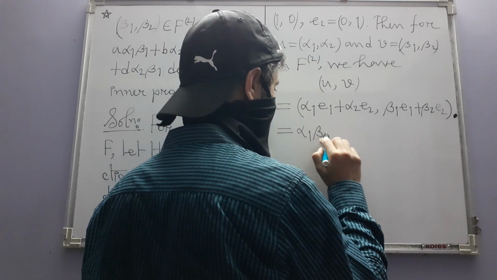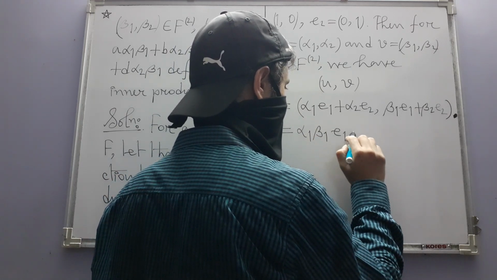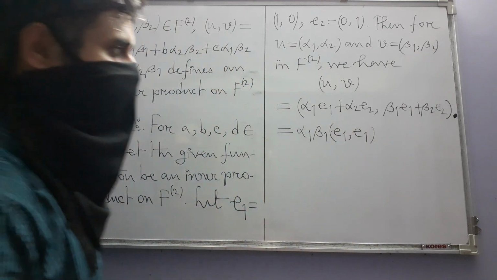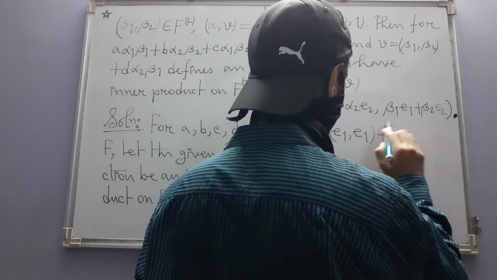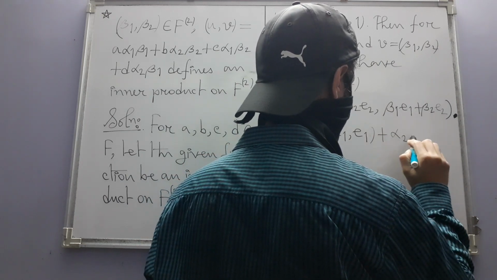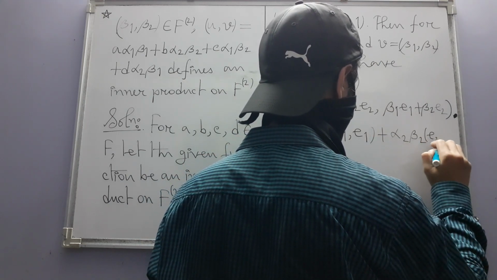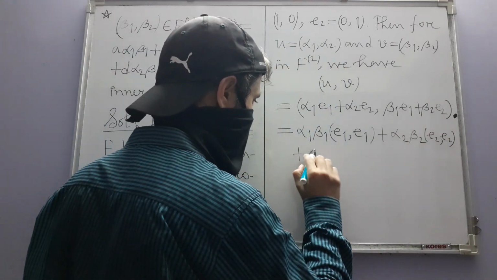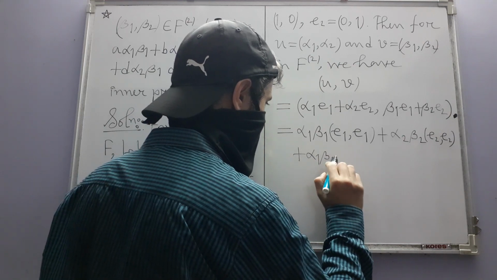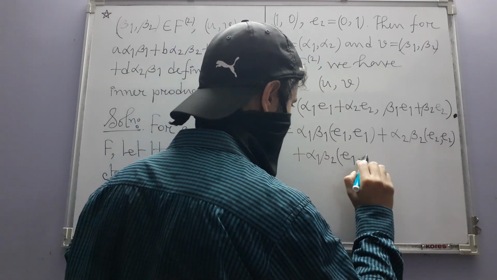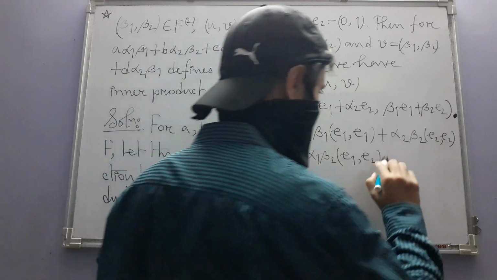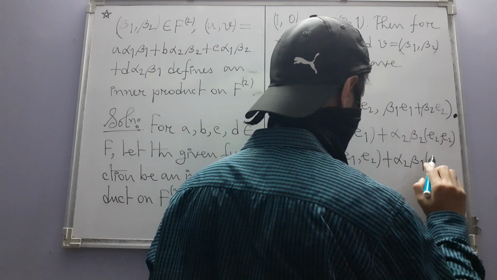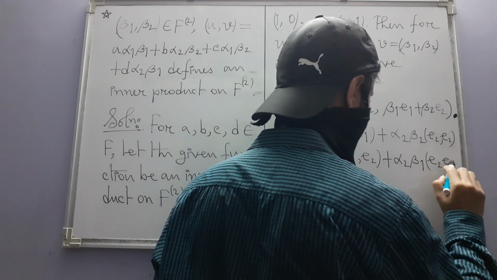Alpha 1 beta 1 times the inner product of E1 and E1 plus alpha 2 beta 2 times the inner product of E2 and E2 plus alpha 1 beta 2 times the inner product of E1 and E2 plus alpha 2 beta 1 times the inner product of E2 and E1.